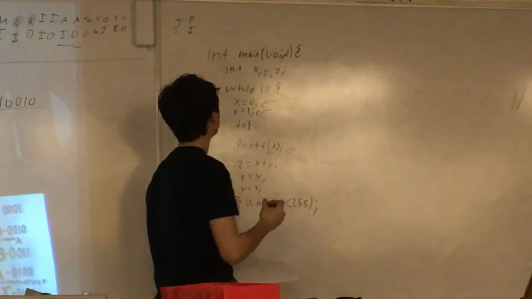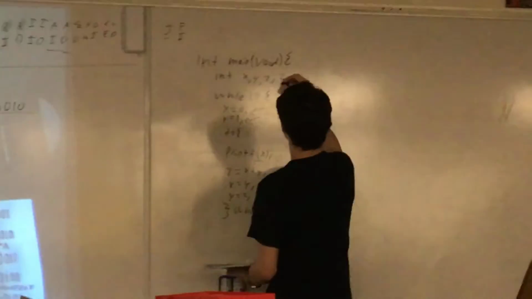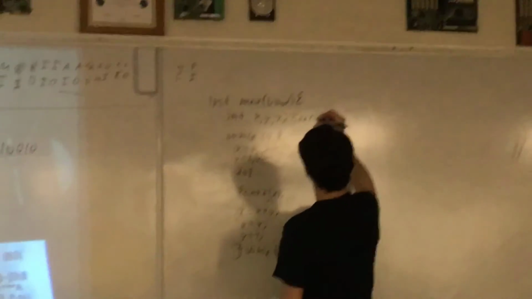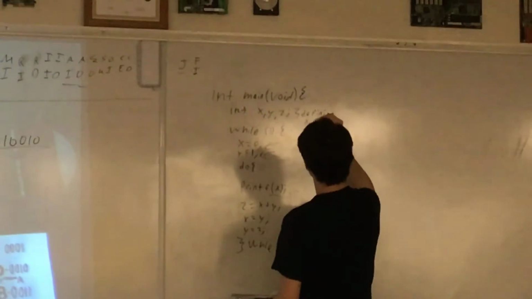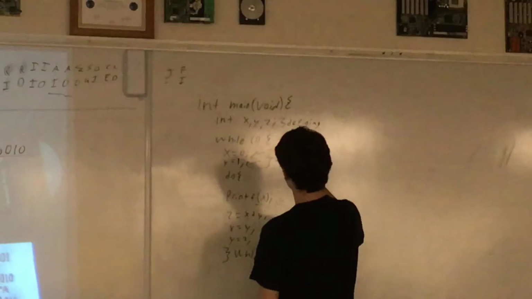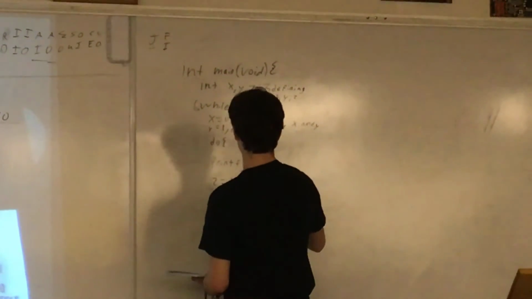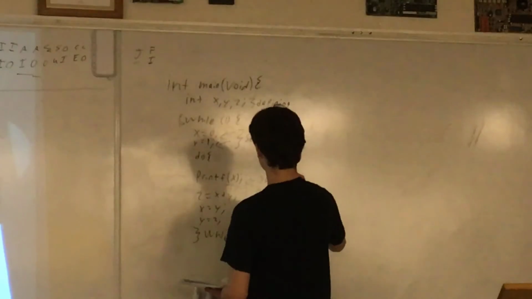And if we separate this as defining x, y, and z, setting x and y, we have a while loop, so we want to go and incorporate that. We want an output. We want addition.